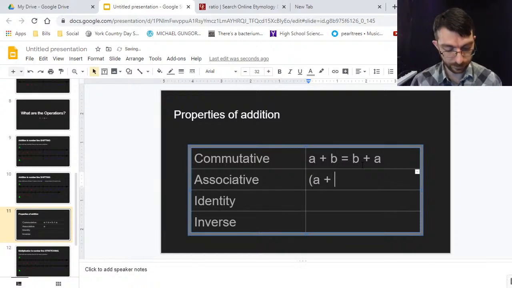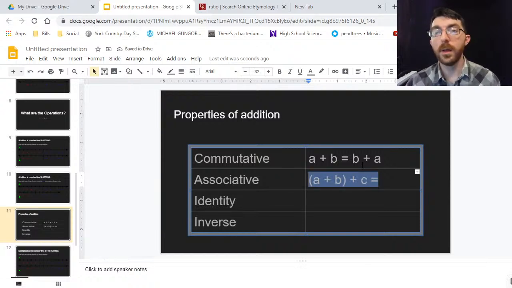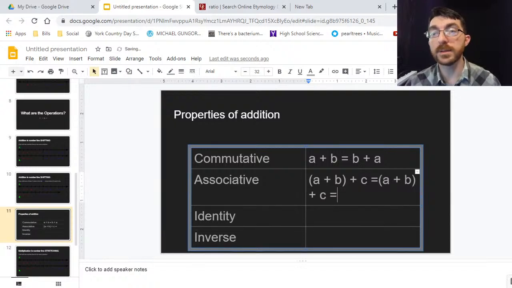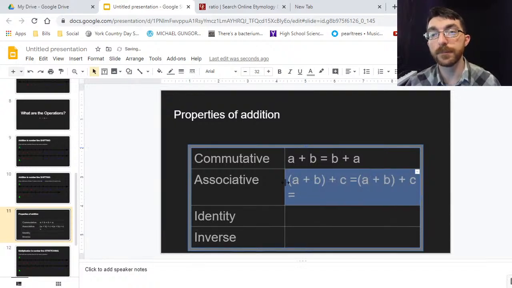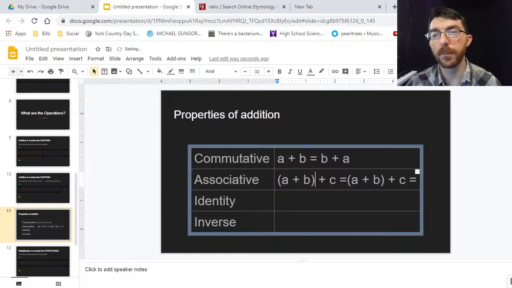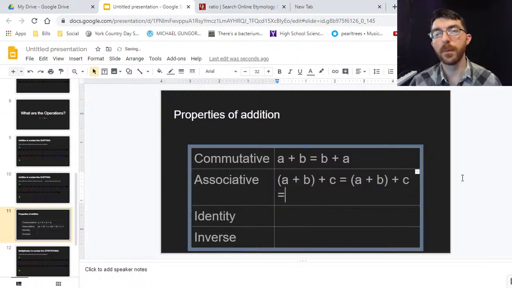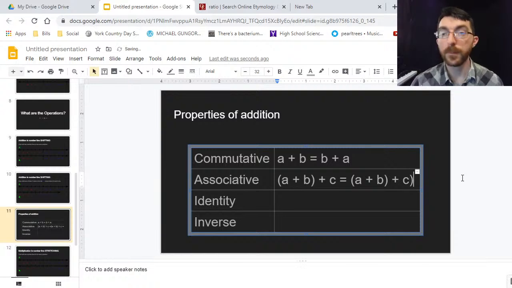A plus B plus C equals. All right, I'm going to need to make the size a little different on this.